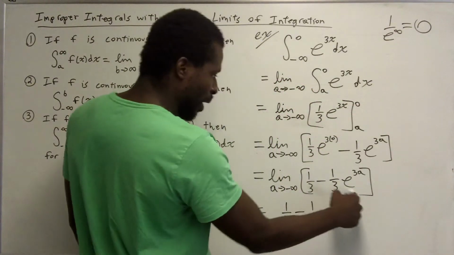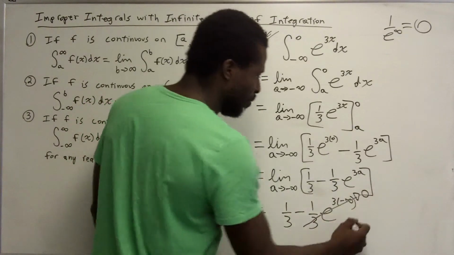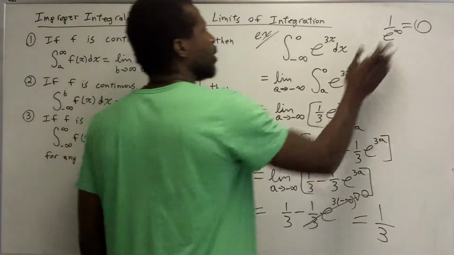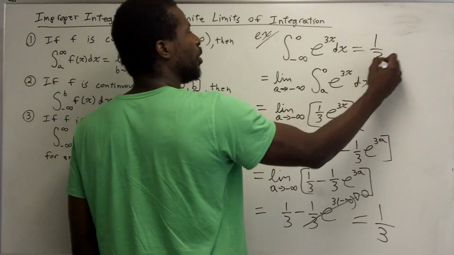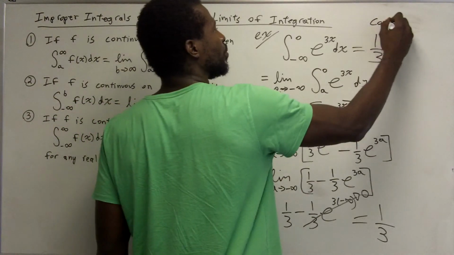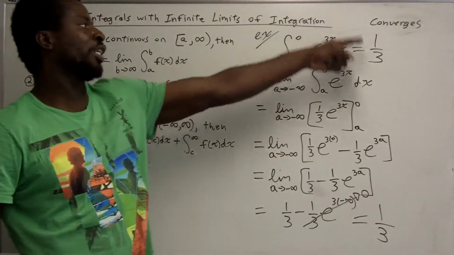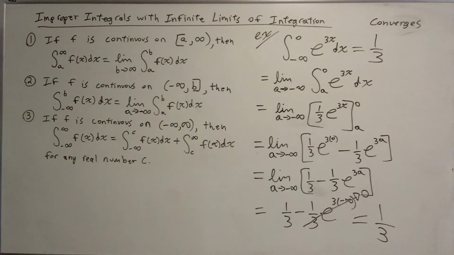So this entire term just goes to 0, leaving the answer 1/3. So this limit is equal to 1/3. This integral converges, and it converges to the number 1/3. So that's how we're going to handle integrals with infinite limits of integration.